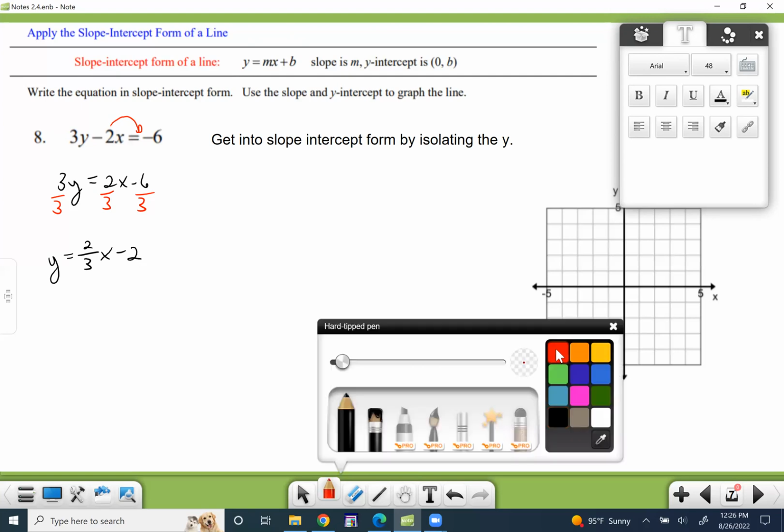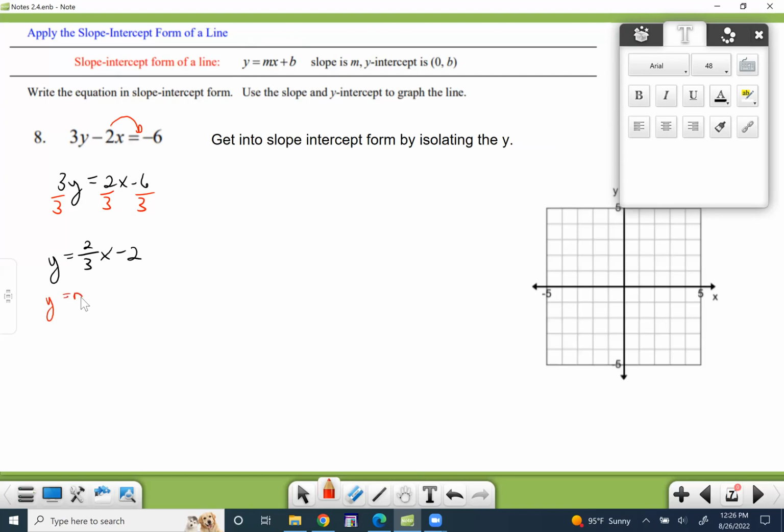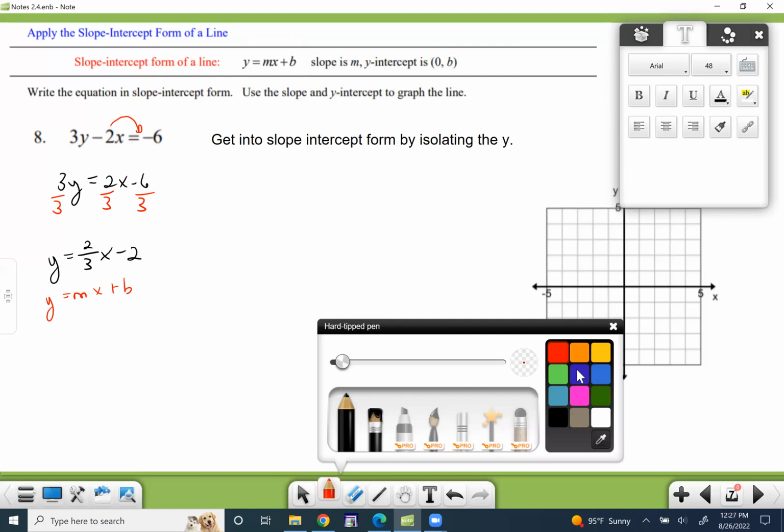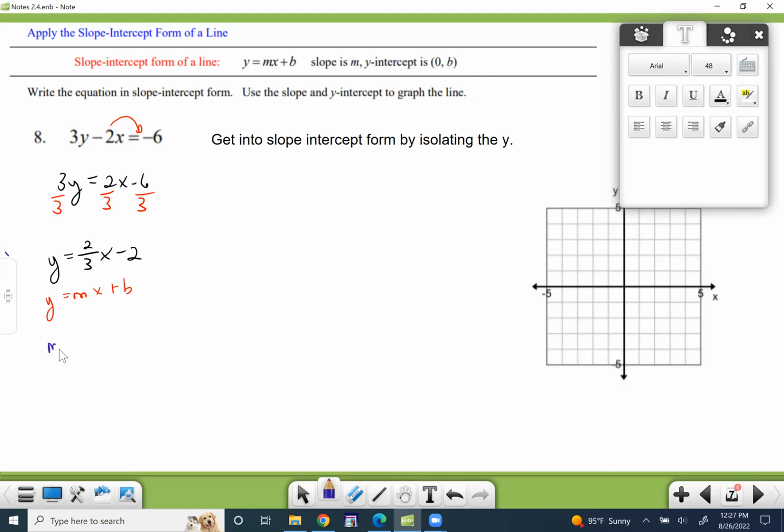So remember we said in the y equals mx plus b, the m is your slope. So the slope is going to be 2/3. And the b is going to be, if you look up here, 0 comma b, right? It's going to be 0 comma whatever the last number is.